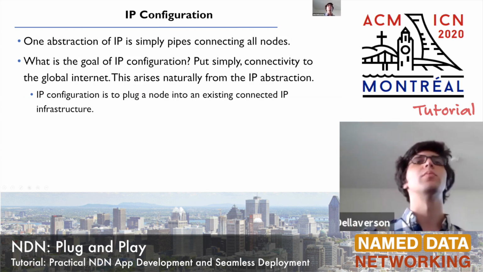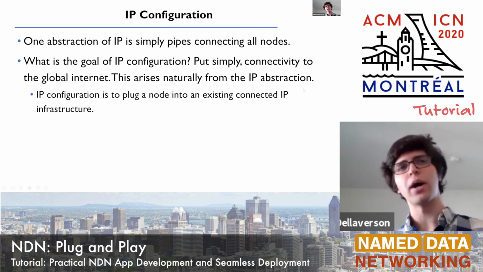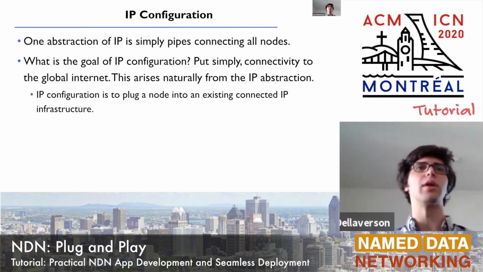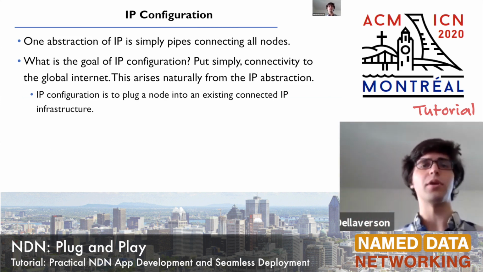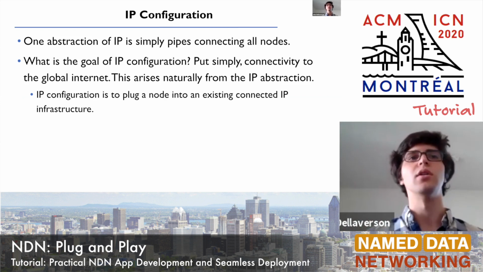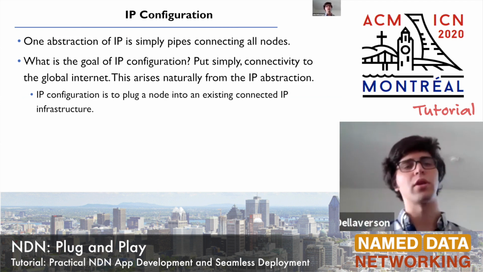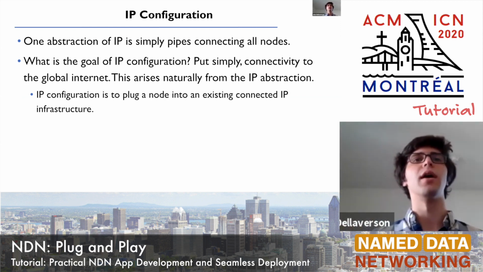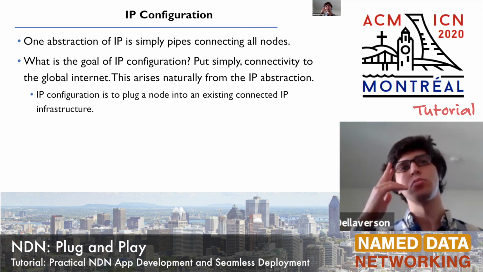One reasonable abstraction of IP is pipes connecting all the nodes in the IP global network. And the goal of an IP network, which arises quite naturally from this abstraction, is connectivity to the global internet, being able to talk to any other configured IP node.